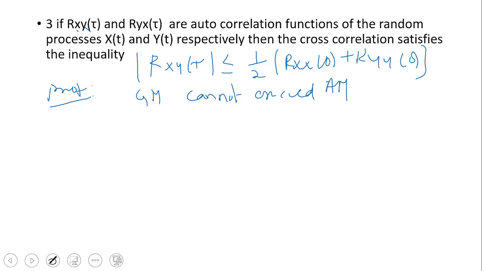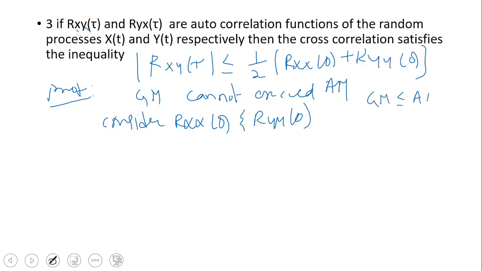Now consider Rxx of 0 and Ryy of 0 as two positive quantities. Then the geometric mean is always less than or equal to the arithmetic mean.